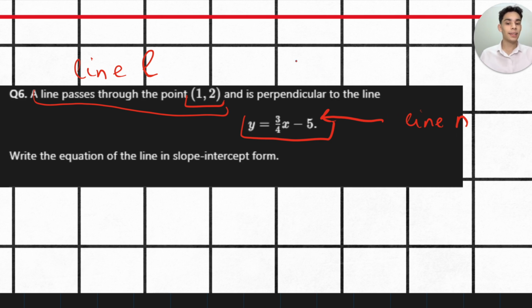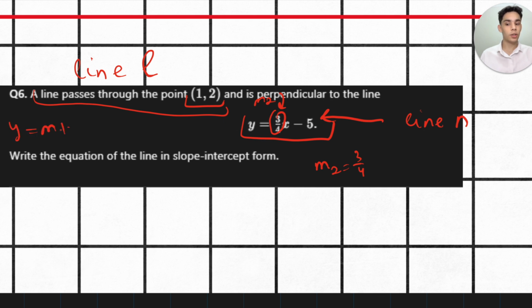So, what I can do is find line N's slope. It is 3 over 4, right? So, because it's 3 over 4, let's call it m2.